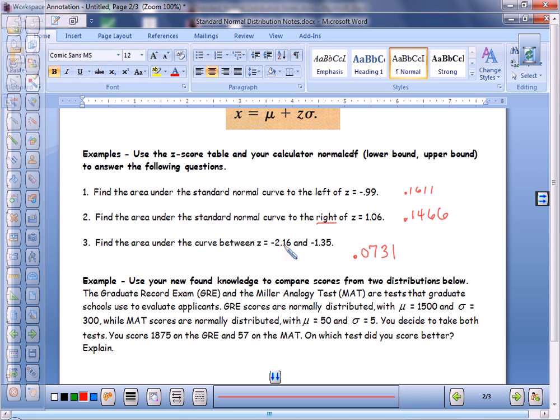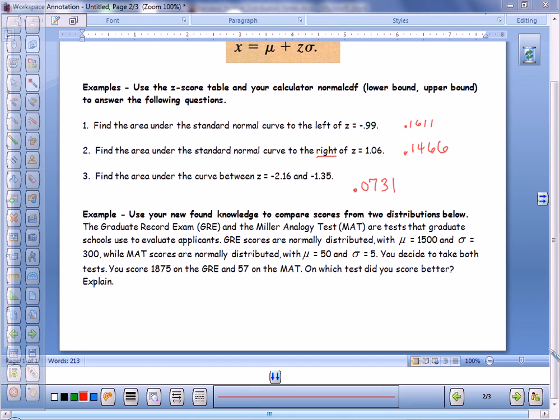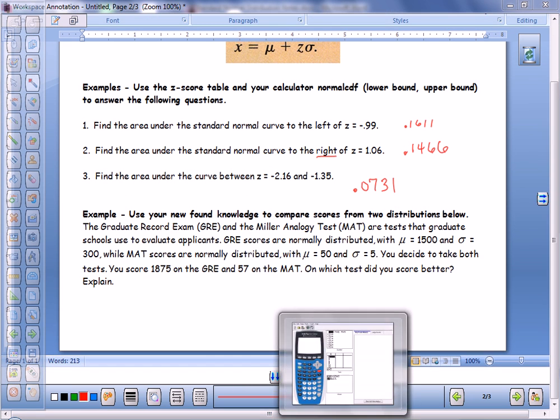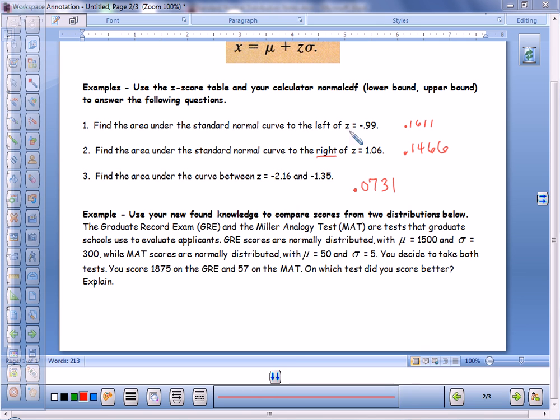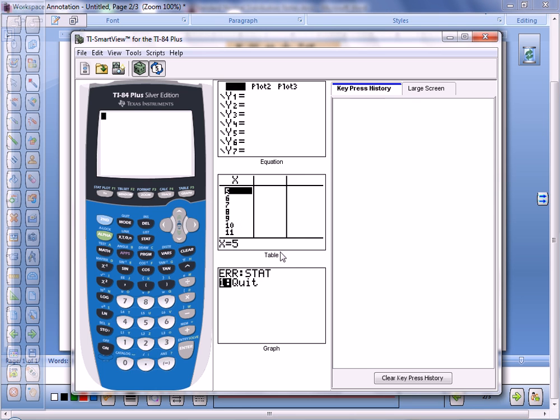Now, I also want to show you how to use your calculator to do this. If we wanted to find the area under the curve using our calculator, how would we do it? To find the area given a z-score, we're going to hit second and VARS, and what we're looking for is normal CDF.